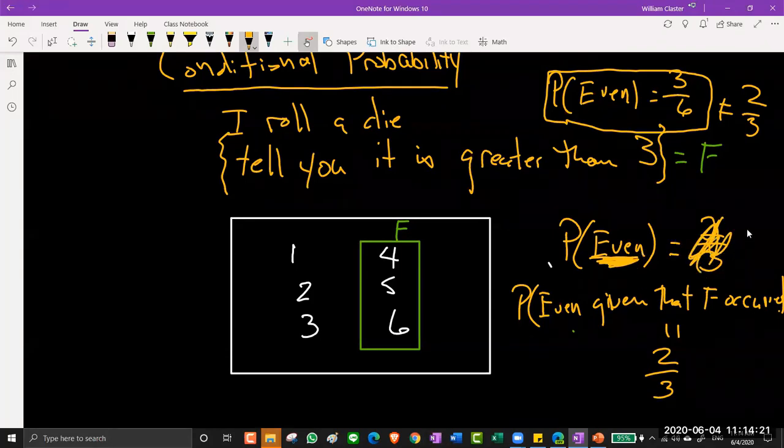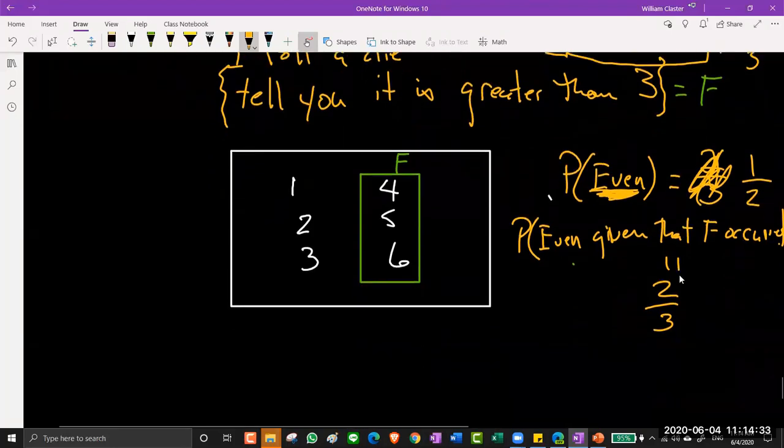We should say the probability of even is 1/2. But the new question was the probability of even given that F occurred. Does everyone understand there's a difference in these two questions? This question is not the same as this, right? Does everyone agree with that?